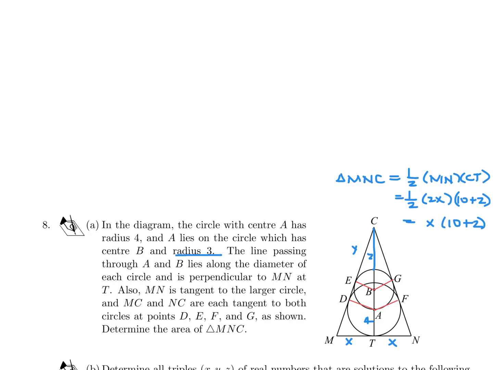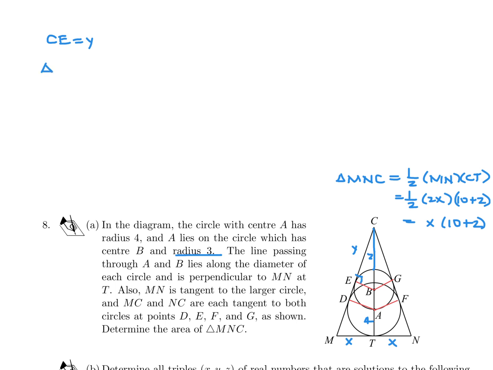Now let's see, where are we going to get these values? Let me think about this. The first I think we could get is Y. I've labeled CE as Y, right? Now, Y is part of this triangle where this is a right angle, and the reason that's a right angle is because that is a tangent point.